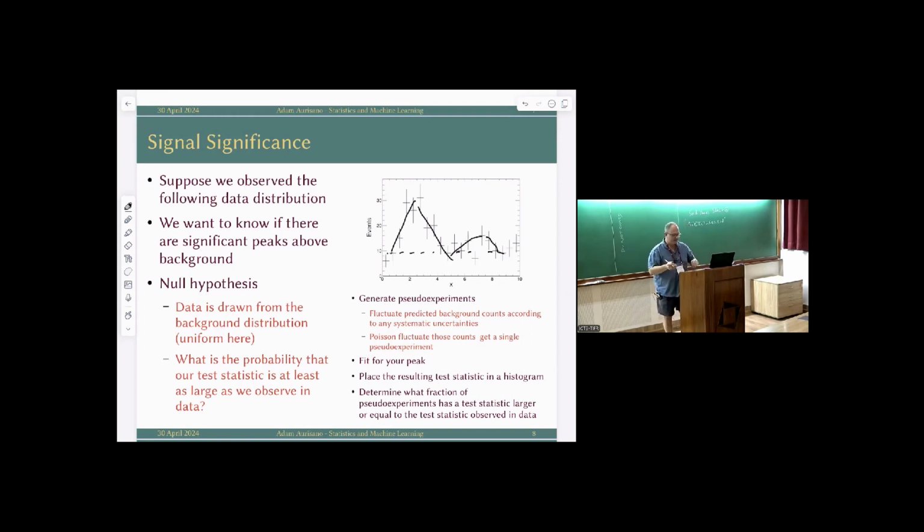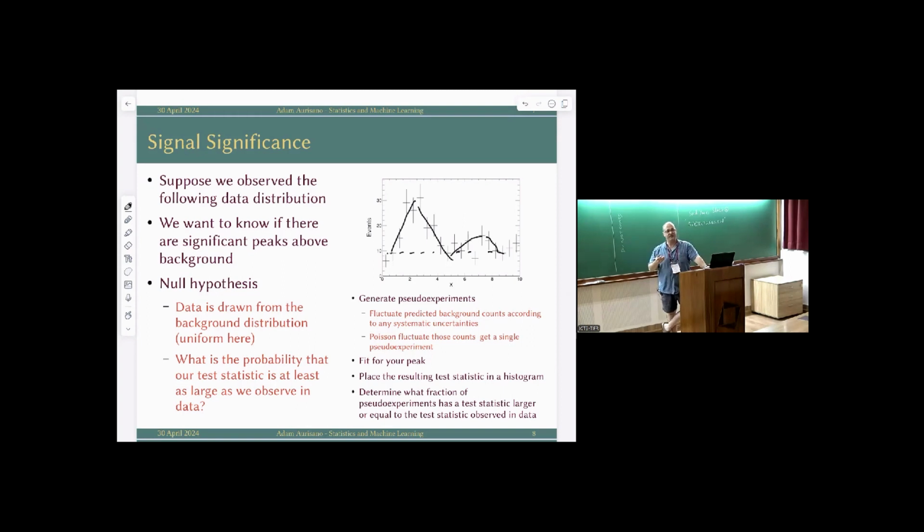You take your expected background, you fluctuate the background according to any systematic uncertainties that you expect, and that gives you your systematically fluctuated predictions, and then you Poisson fluctuate that to get the number that you would see in one of these hypothetical experiments. Then you do that a bunch of times, and you see what the probability of obtaining that number is, and then compare that to what you saw in data.